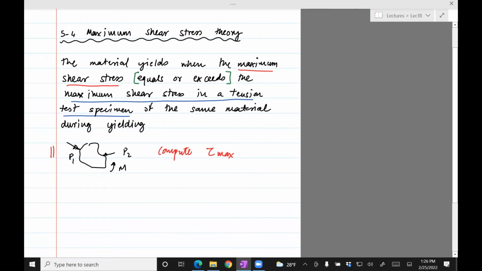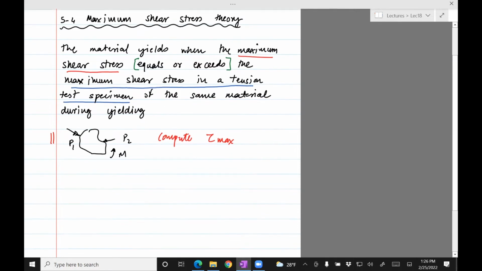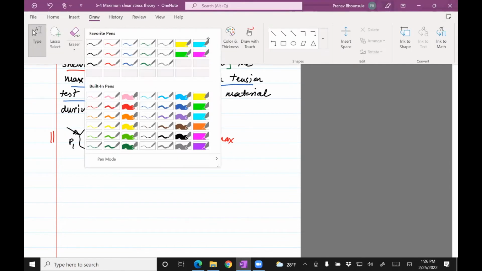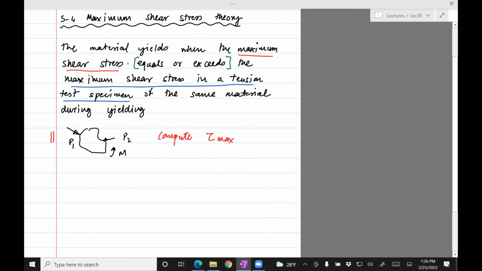For example, when we had a beam subject to bending moment, we can use that to find the normal stresses and the shear stresses, and from that find the principal stresses. There's a principal stress and there's a principal shear stress. That's the shear stress we're after. So we compute that for a general loading.